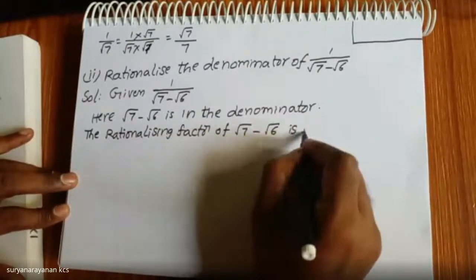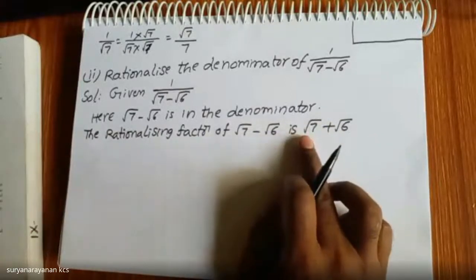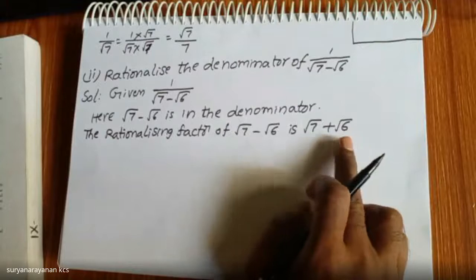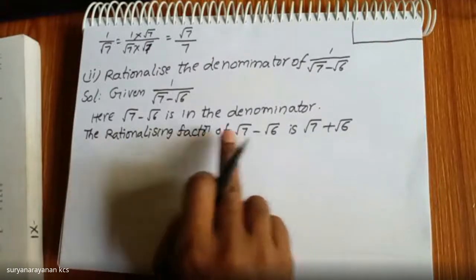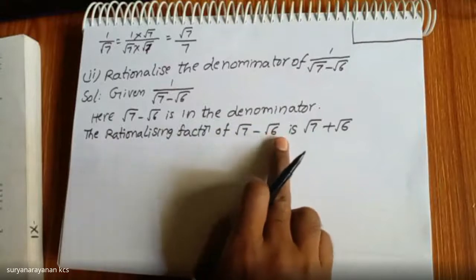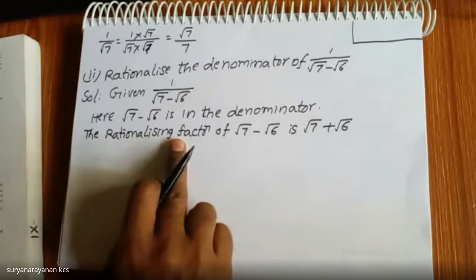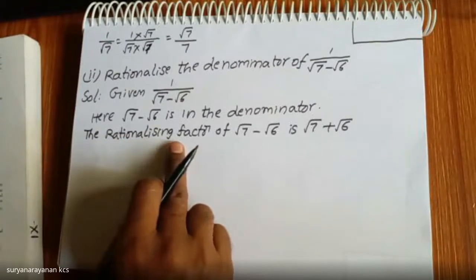Listen carefully, my children. Root 7 plus root 6 is called the rationalizing factor of root 7 minus root 6. You have to remember these mathematical terminology also.